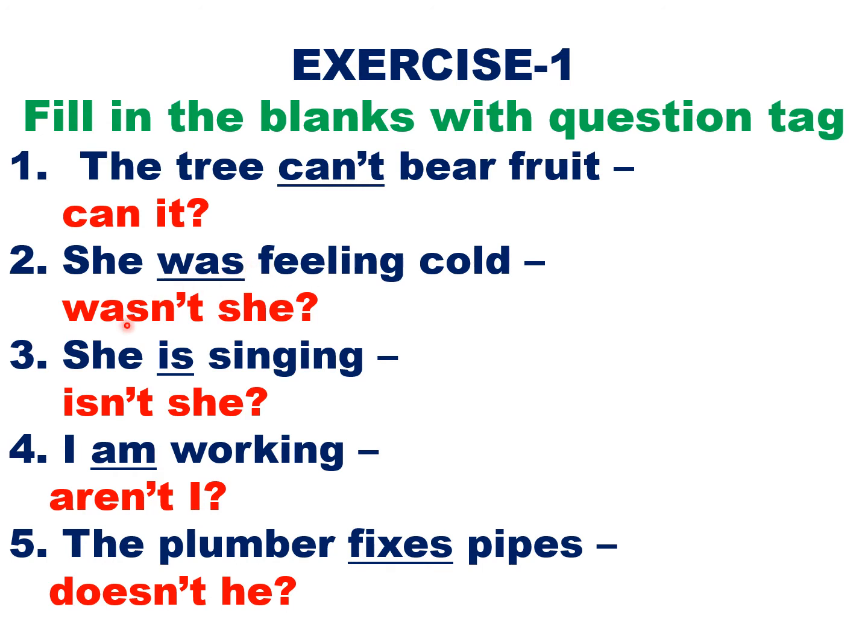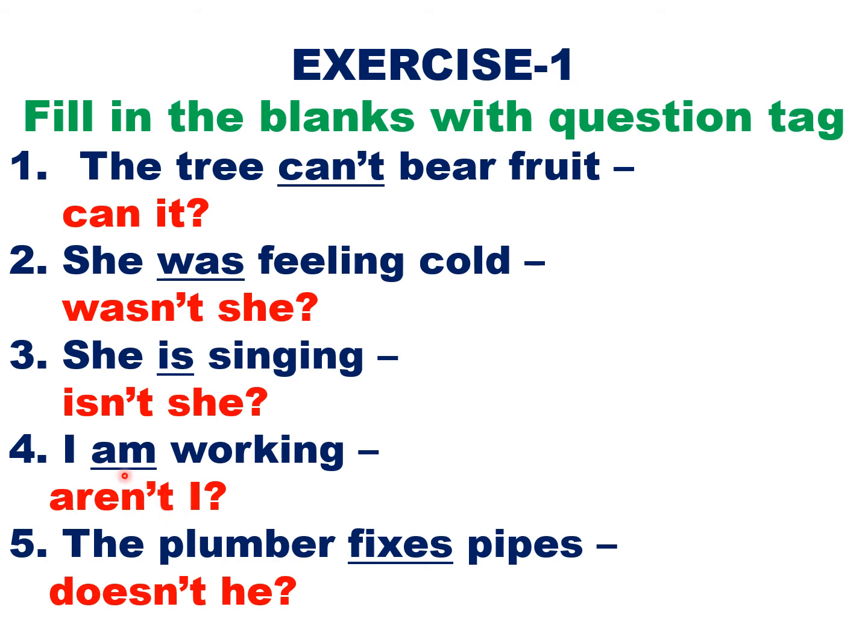So, wasn't she. She is singing. Positive statement. Auxiliary verb is. Isn't she. I am working. Aren't I? Instead of am, we must use aren't. Am, aren't. You have to remember this.